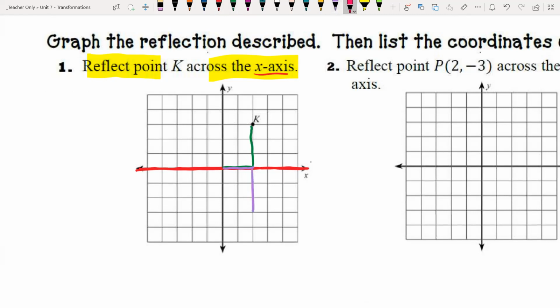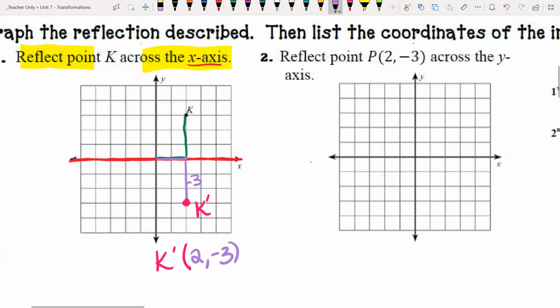So now that's where my K is, but remember it's K apostrophe. So now we have to list the coordinates. Now that we graphed it, we list the coordinates for K. Still remember we went right 2, but now we went down 3, so it's 2, -3.